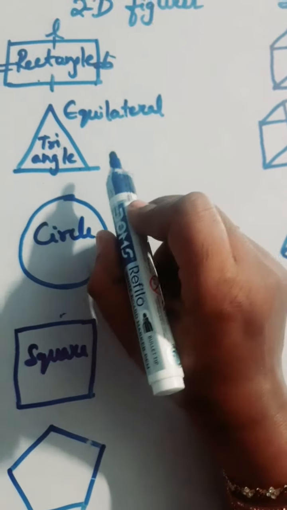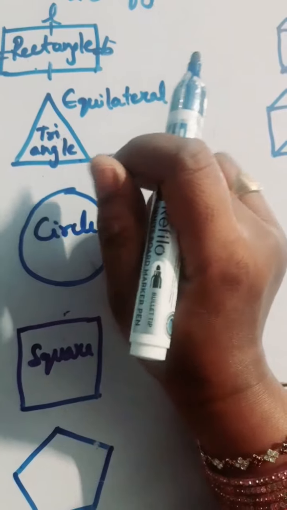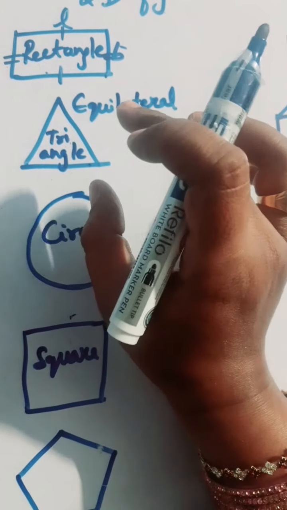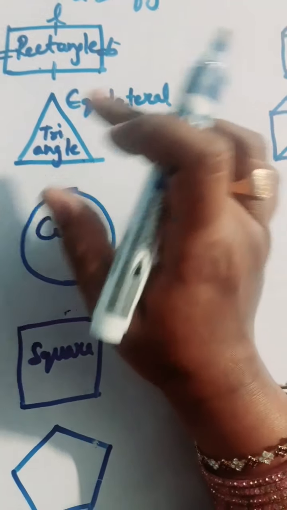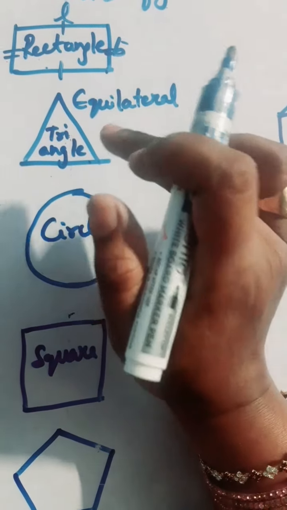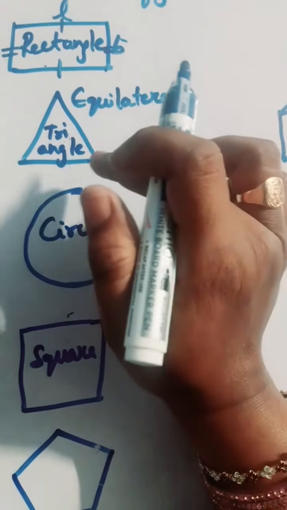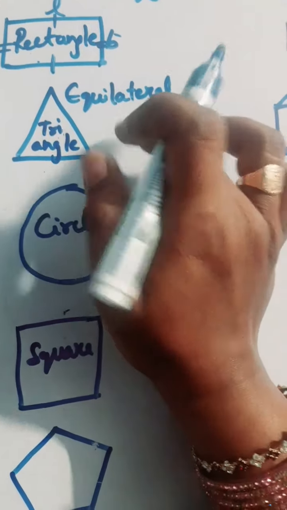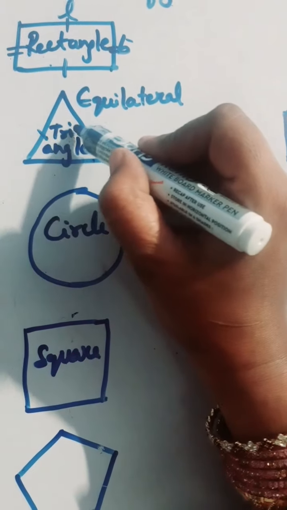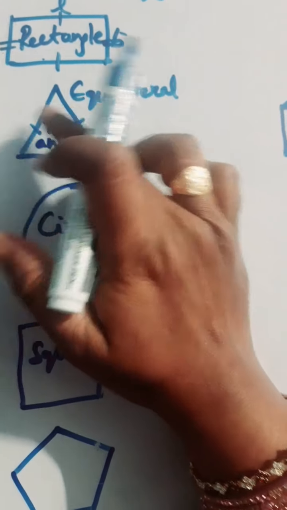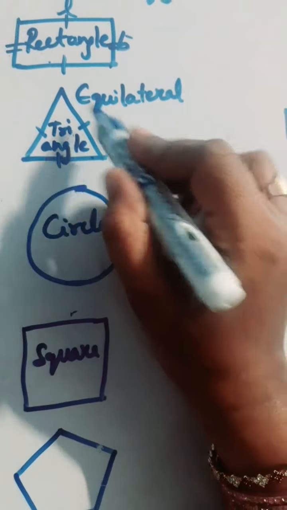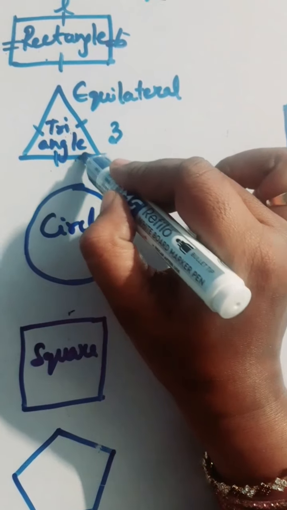A regular polygon is a geometrical figure which has equal sides. For example, the first one is the equilateral triangle. It has three sides and all three sides are equal. Such a polygon is called a triangle.